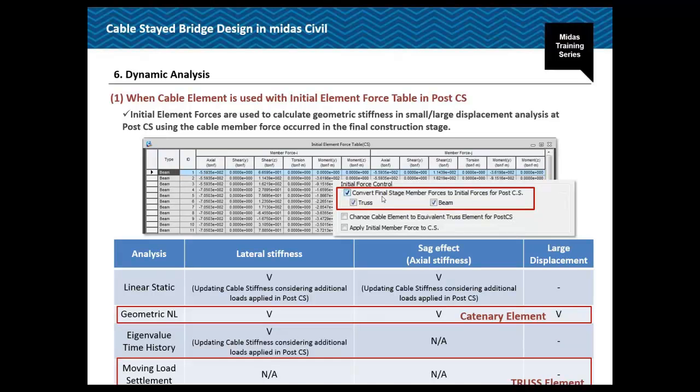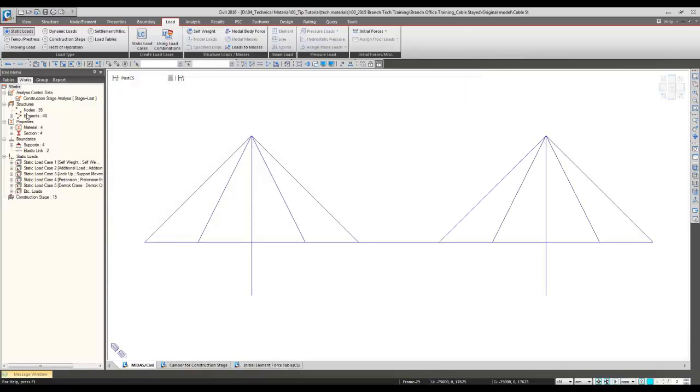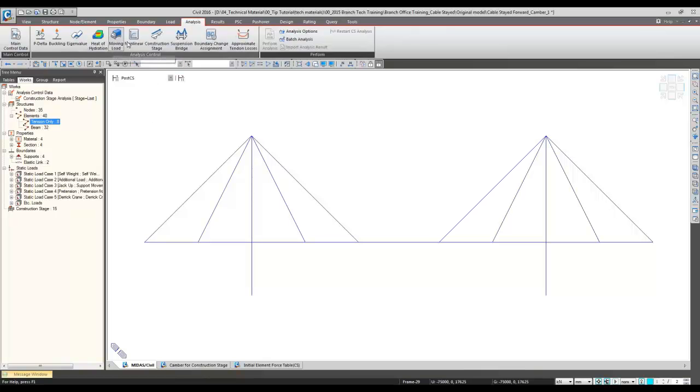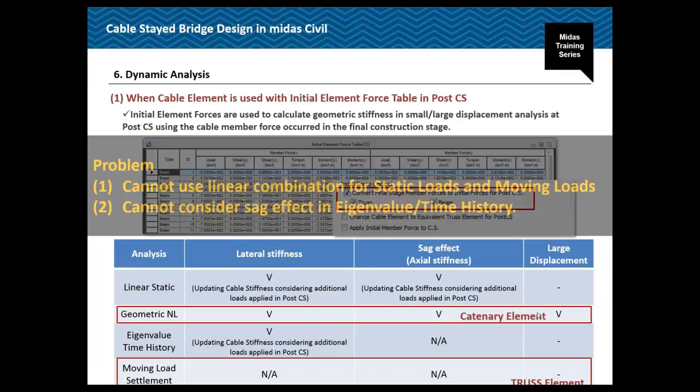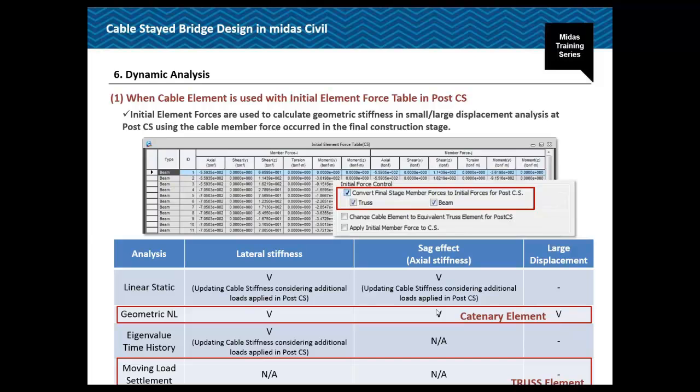But this is the cable element, and depending on the type of analysis, the element is applied differently. In the post-CS, we have the cable element, and if I perform the nonlinear analysis, geometry nonlinear analysis, in that case, surely the elements can consider all three effects: lateral stiffness, sag effect, and large displacement, which means the element will act like the true catenary element.